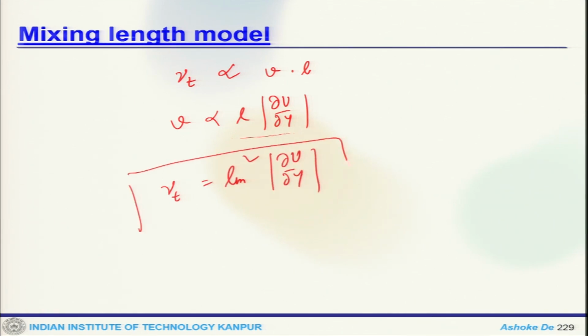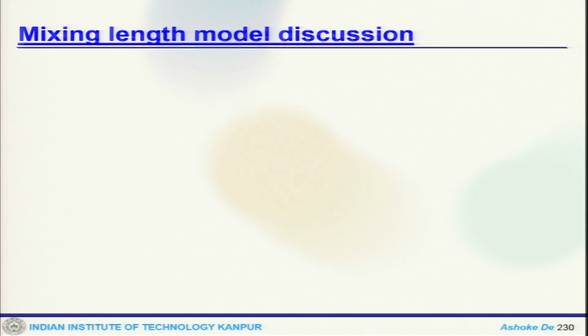This is what Prandtl proposed in 1925, Prandtl's mixing length model, and this mixing length constant one has to provide in the calculation a priori. That is the biggest disadvantage of this particular model, though it is simple: the mixing length definition is not known a priori.